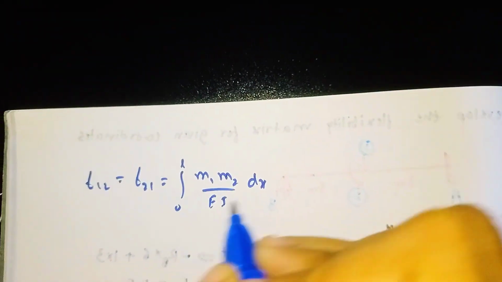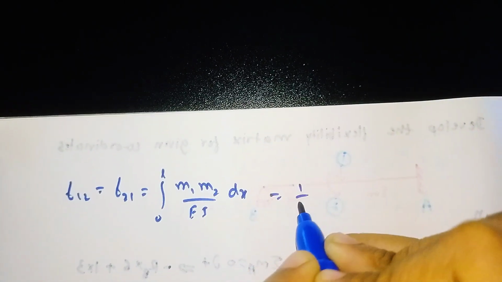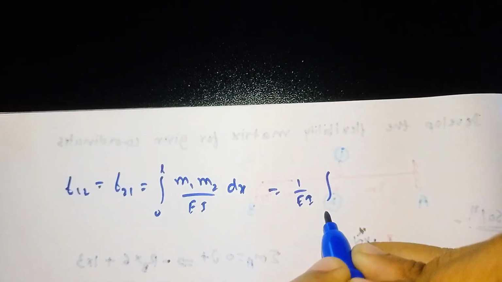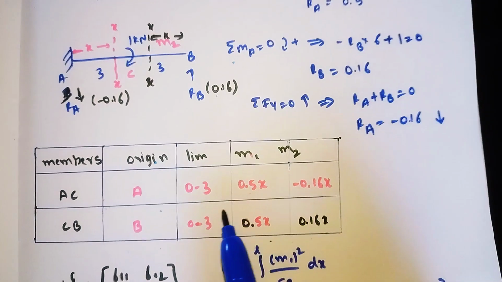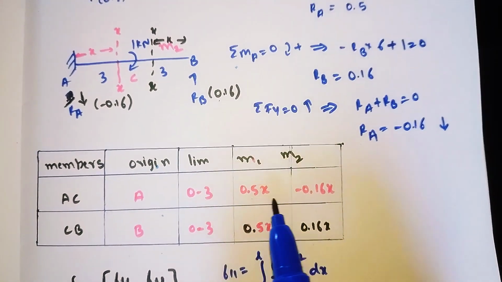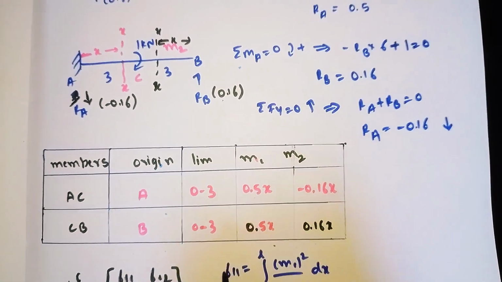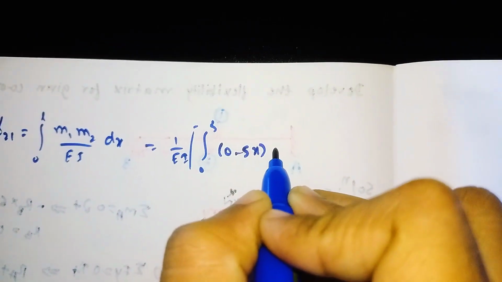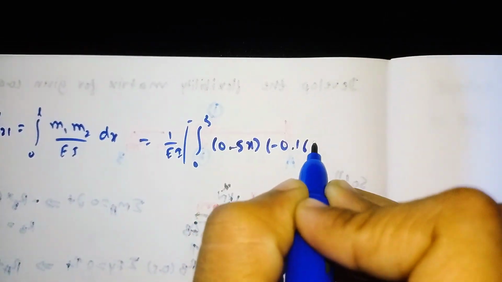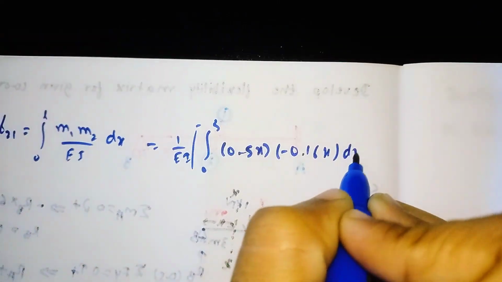We need to substitute all the values. 1 divided by EI is constant, I am taking it outside. The limit is 0 to 3. The m1 value for AC is 0.5x and the m2 value is minus 0.16x into dx.